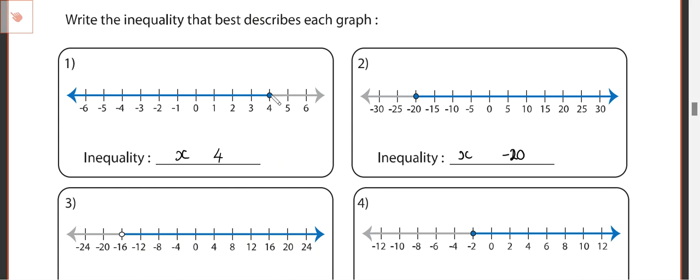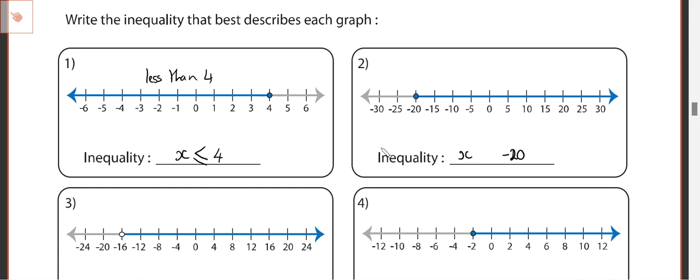So this is a solid line, and I'm going left. So that's a less than 4, but because it's solid, I'm going to put x is, look at the way the arrow is pointing to the left. X is less than, because it's solid, it must have a double line. Yes?